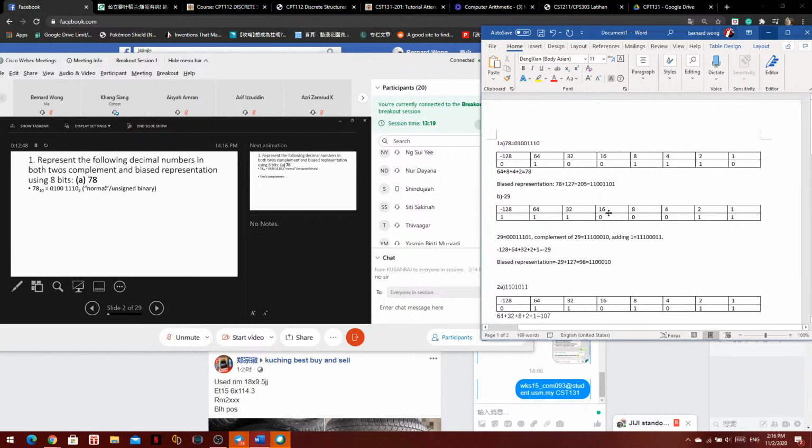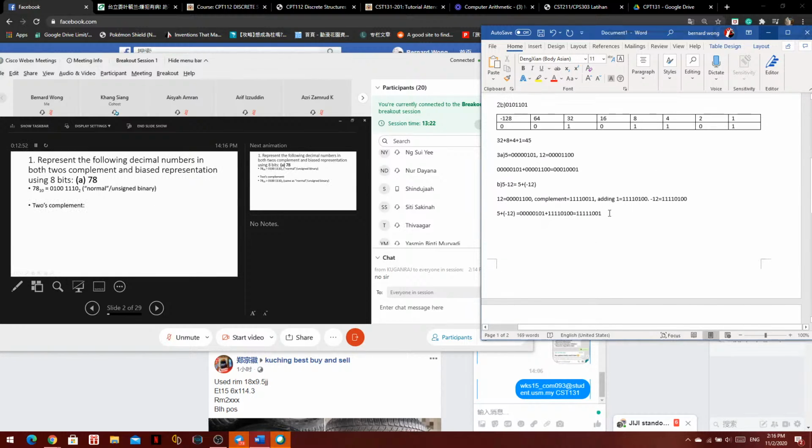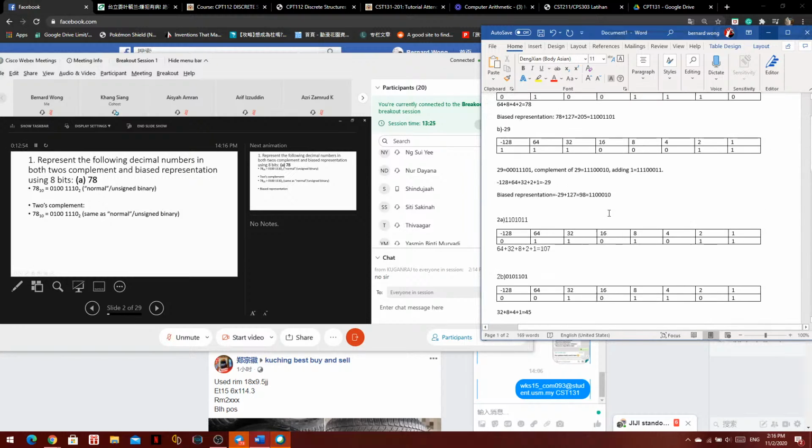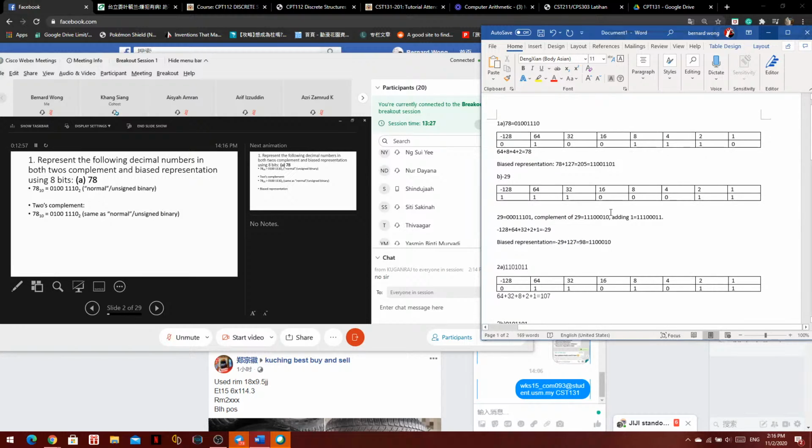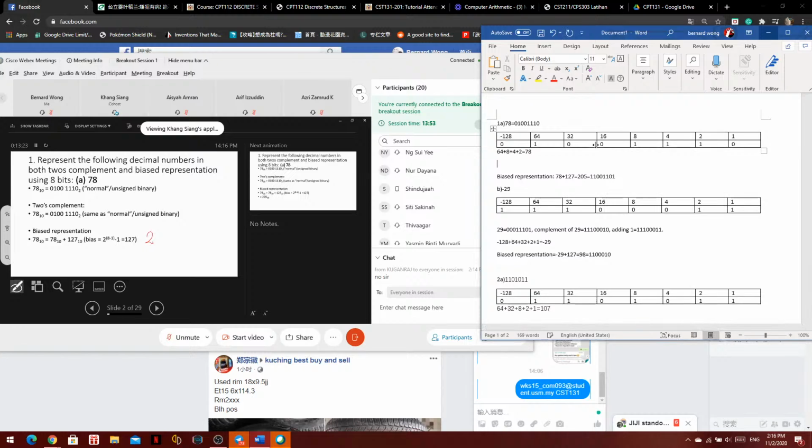What's next is the two's complement, which is the same thing. Because it's a positive number, you don't need to convert it. Then how about the bias representation using 8 bits? Here it already tells you to use 8 bits. When we use a bias representation, you must always remember the formula is 2 to the power of n minus 1, minus 1.